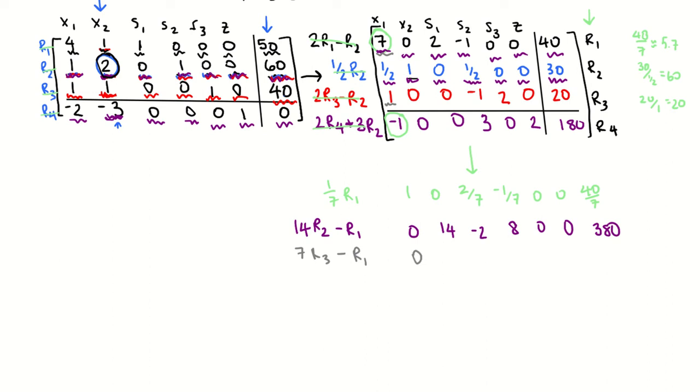That would give us a 0 here. 7 times 1 minus 7. 7 times 0 minus 0 is 0. 7 times 0 minus 2 is negative 2. 7 times negative 1 is negative 7, minus negative 1 is negative 6. 7 times 2 is 14, minus 0. 7 times 0 minus 0 is 0. 7 times 20 is 140, minus 40 is 100.